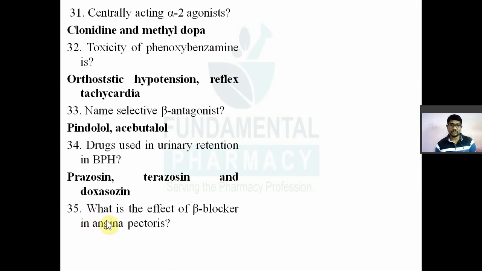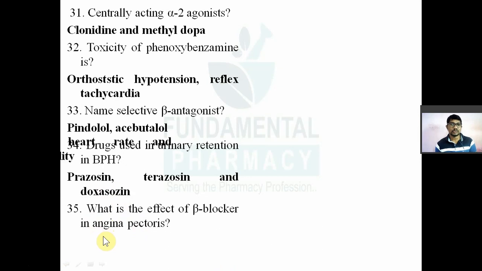Now question number 35. What is the effect of beta blocker in angina pectoris? So in angina pectoris your heart is not able to supply adequate blood to the myocardium itself. So that results in pain, anginal pain. So in that you have different drugs, vasodilators and all that. So what is the effect of beta blockers in angina pectoris?